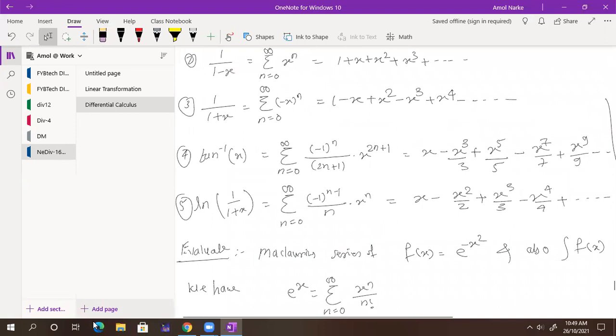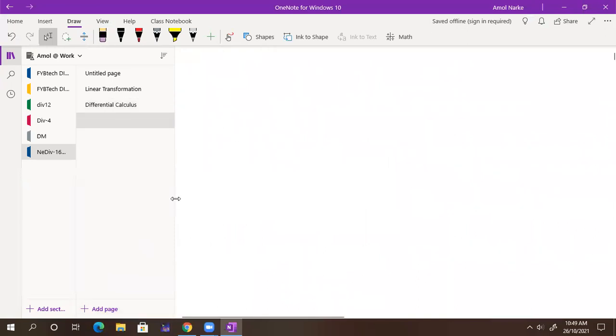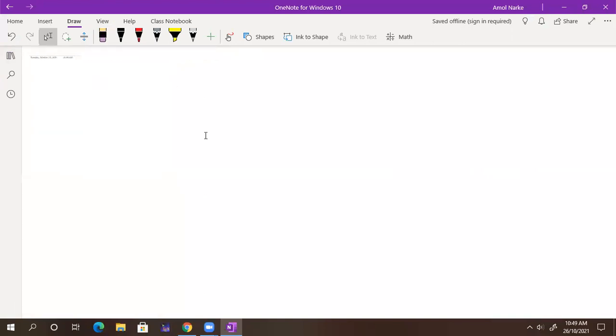So we are going to start with the partial one. I will add a new page. This one is nothing but a partial. So write down, everyone: partial derivative.